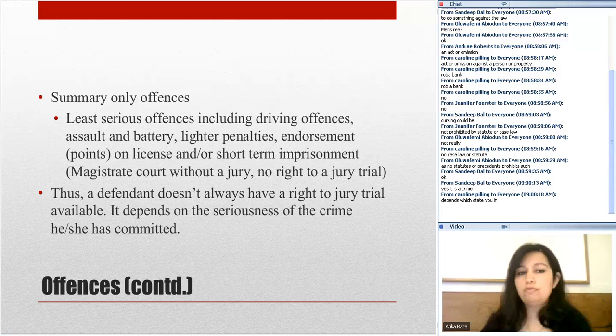What you do is go to the magistrate court for that, and they deal with those cases without a jury, which means you don't have a jury trial. You don't have a right to a jury trial. Thus, you should understand that a defendant does not always have a right to a jury trial. It's not available all the time, but it depends on the seriousness of the crime that an offender has committed.